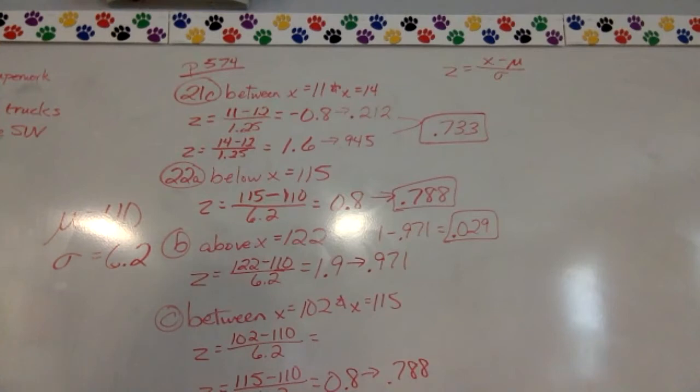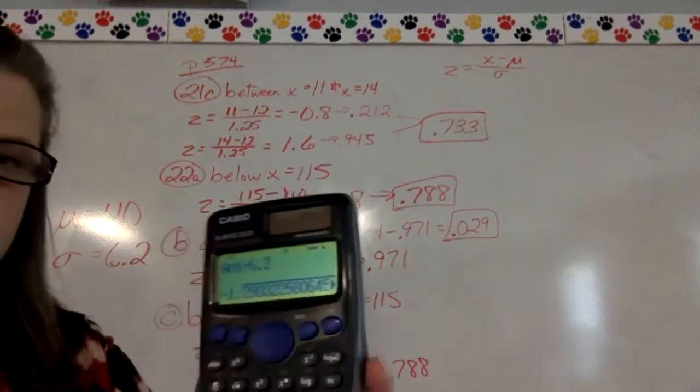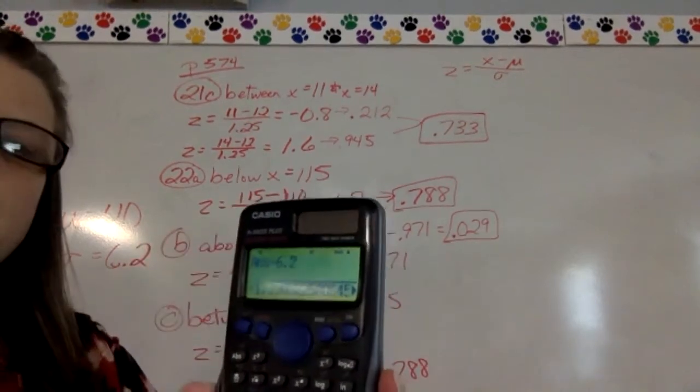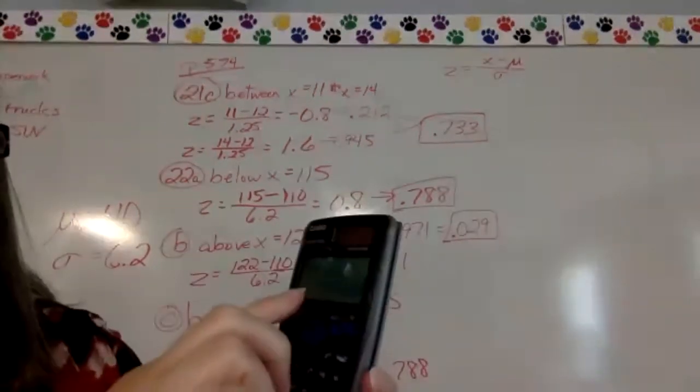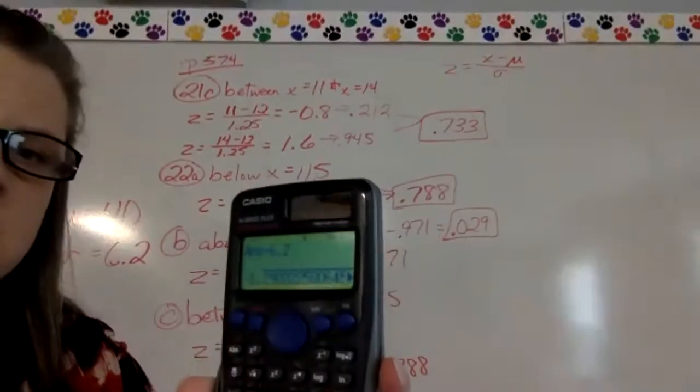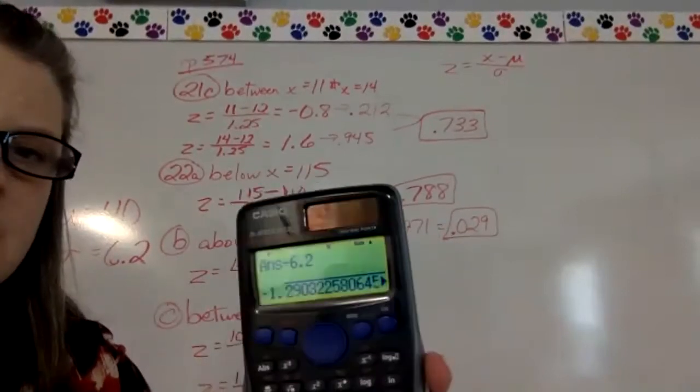Now for the other one, 102 minus 110 is going to give us a negative number. We're going to divide that by our standard deviation of 6.2. We get a negative decimal that goes on forever. Remember, we round to the nearest tenth, one place behind the decimal point. So is the 9 going to change the 2 this time? Yes.